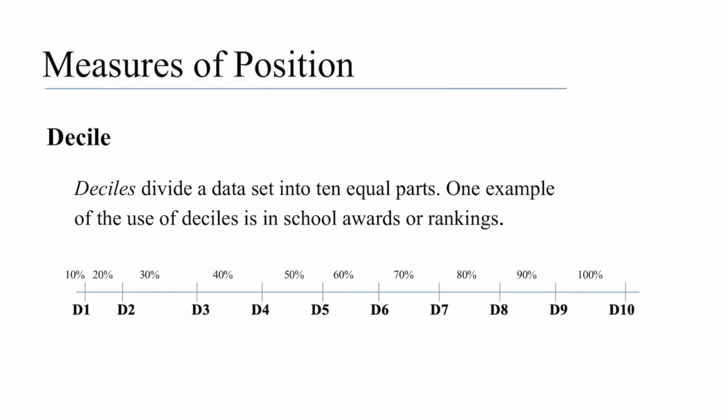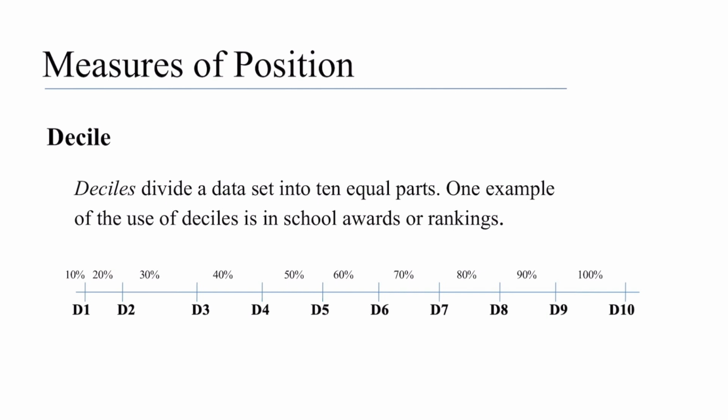Let's move forward. Let's go to decile. Deciles divide a dataset into 10 equal parts. One example of the use of decile is in school awards or ranking. Take note that the decile would divide a class into 10 equal parts, D1, D2, D3, and so on and so forth.